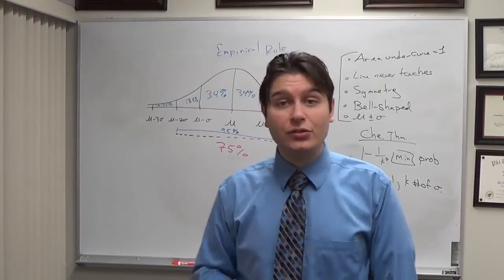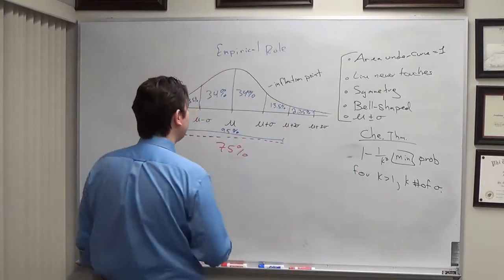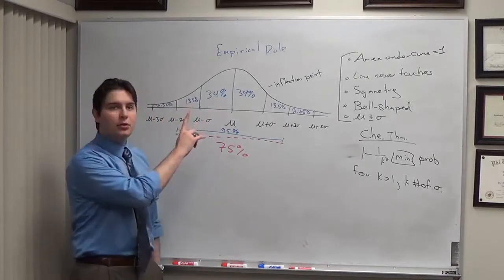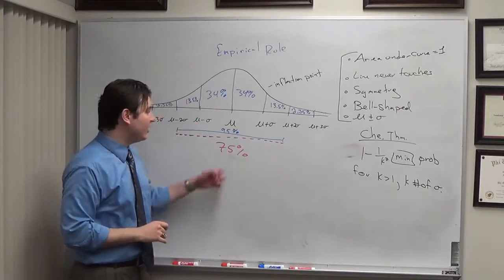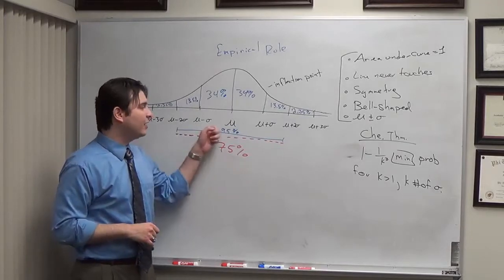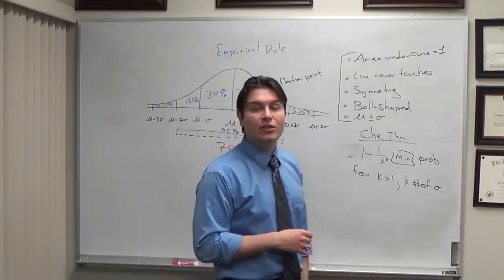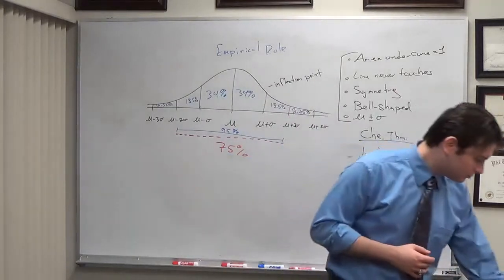But for right now, we're still talking about intro statistics, and we now have our empirical rule that tells us if it's normal, we can do a lot better than Chebyshev. Forget at least 75, let's try 95% in between two standard deviations in either direction.